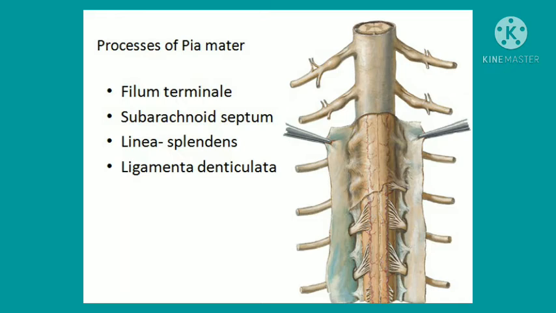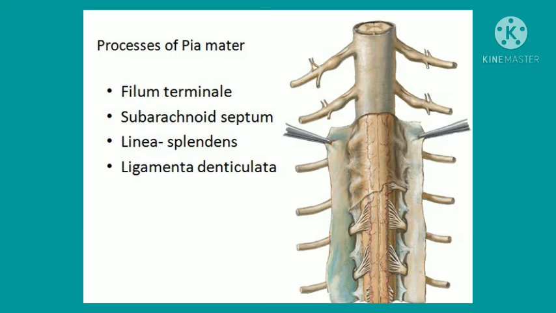Fourth one, the ligamenta denticulata. These are two transparent ribbon-like thickened bands of pia mater extending laterally between the posterior and anterior nerve roots from the pia mater covering the spinal cord.